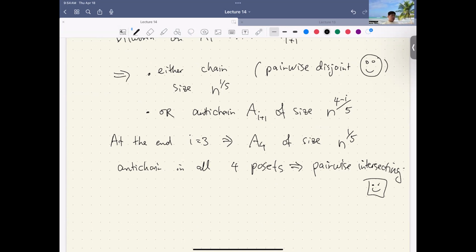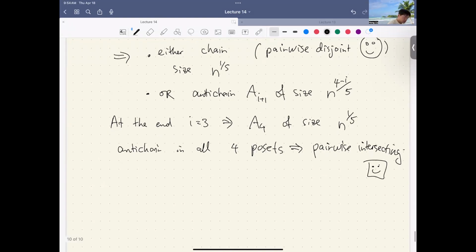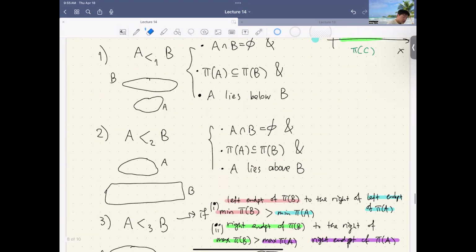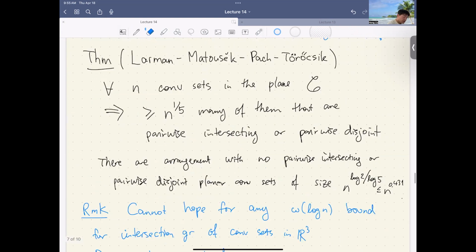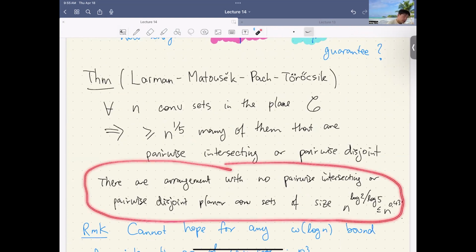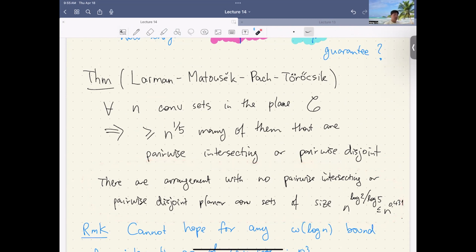So let me mention this lower bound. So we can define this Ramsey function. Okay, I don't define it. So recall, this is the upper bound. The lower bound means what? There exists an arrangement of n planar convex sets such that the largest homogeneous set is no bigger than this number.